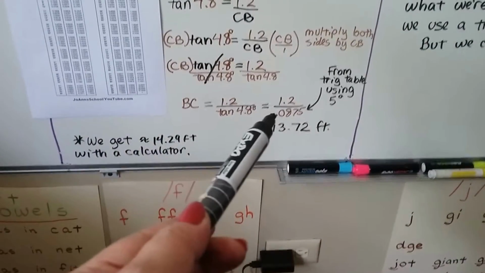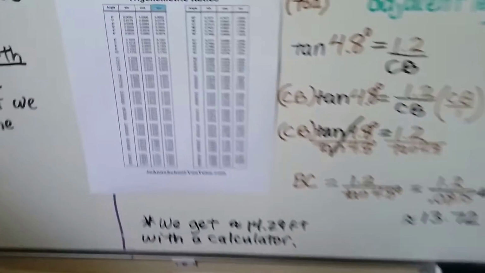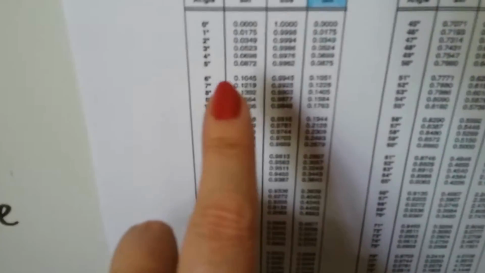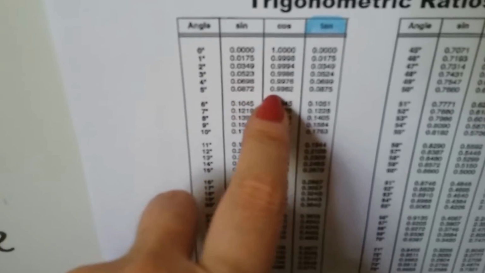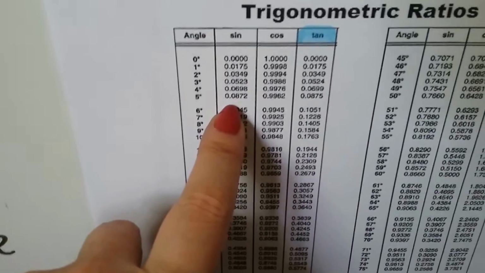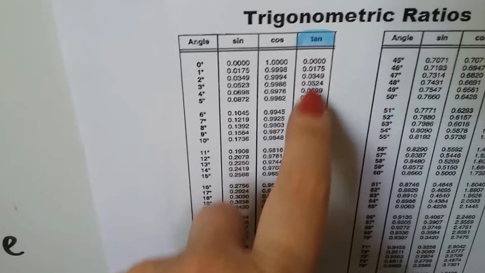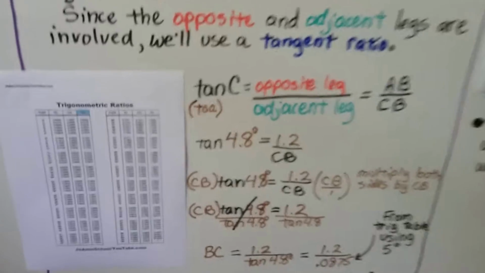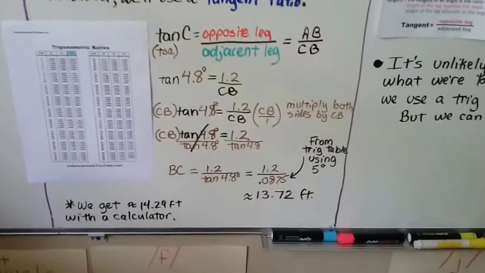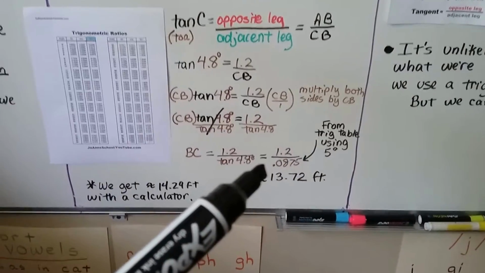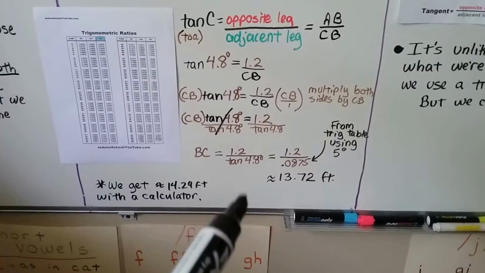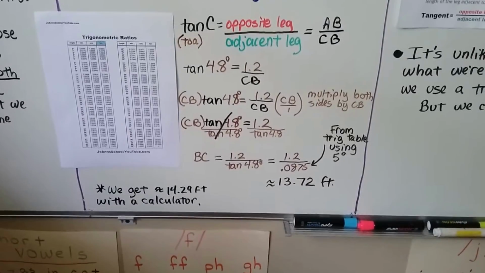So we're going to do 1.2, and when we look at the 5 degrees here, it is 0.0875 in the tangent column because we're doing the tangent, okay, because it involved the opposite and adjacent legs. We do 1.2 divided by 0.0875, and it's approximately 13.72 feet.